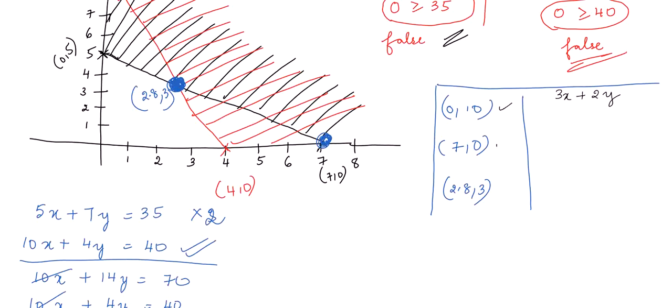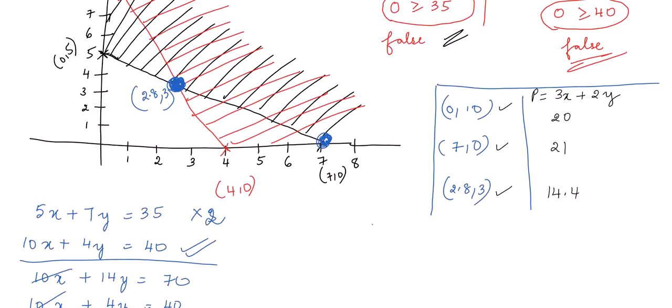So substitute each of these. When you have 0 comma 10, the value of p is 20. When you have 7 comma 0, the value is 21, and when you have 2.8 comma 3, the value is 14.4.